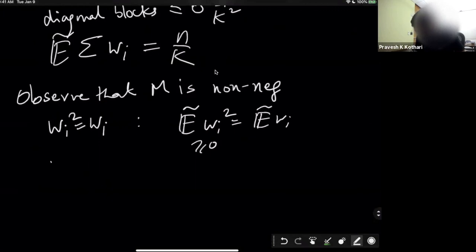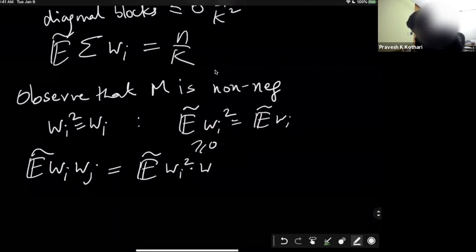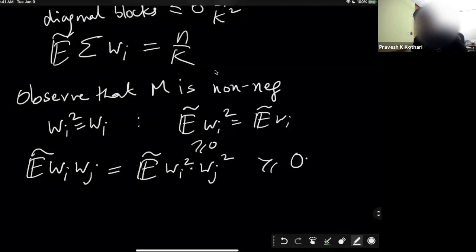The same argument applies to Wi, Wj, because each entry is equal to an expectation of a square because of our constraints, and because the distribution satisfies those constraints, it must be non-negative.